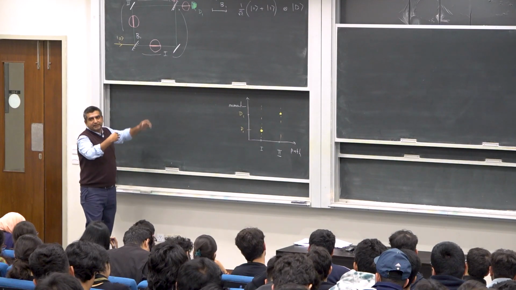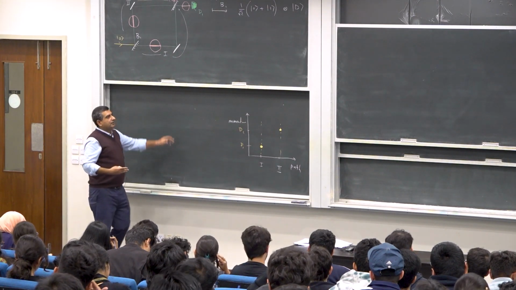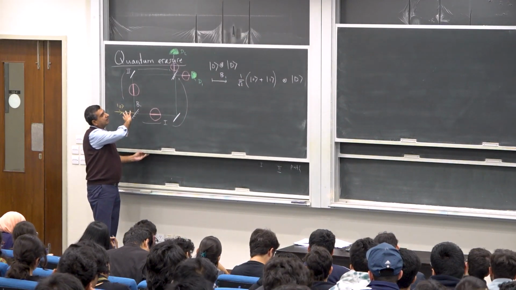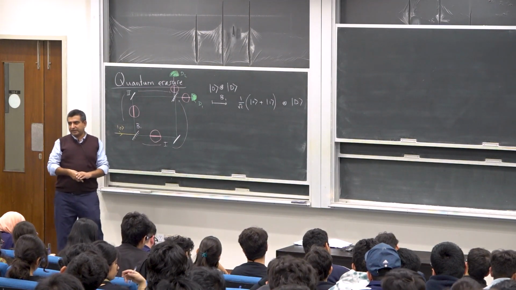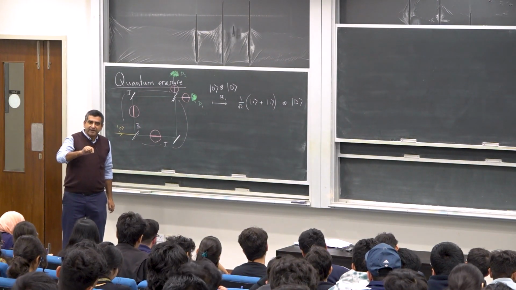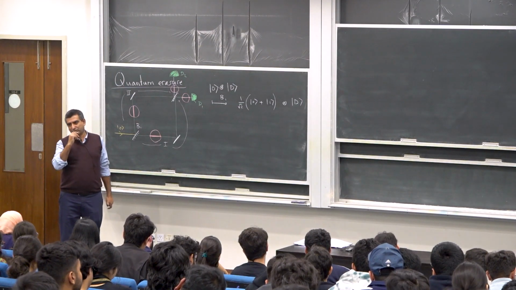All right, so let's look at this from a quantum state progression perspective. Now we've broken the indistinguishability between these paths by placing polarizers. In other words, we have tagged the path onto the polarization of the photon.